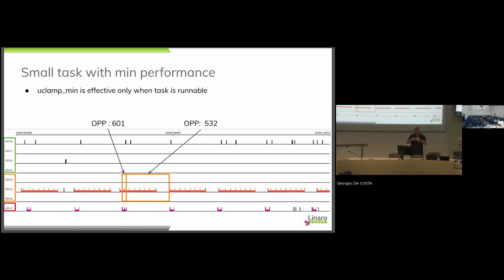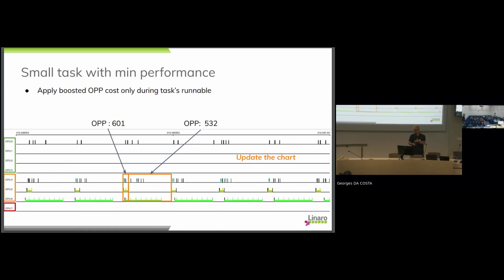We say this OPP will be applied forever, which is not the case. That's why we have this kind of situation where the small tasks end up all the time on the big, because the energy impact that is computed is huge, whereas in reality it will be shorter.